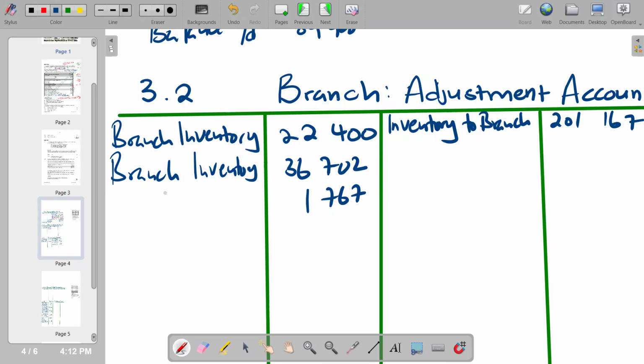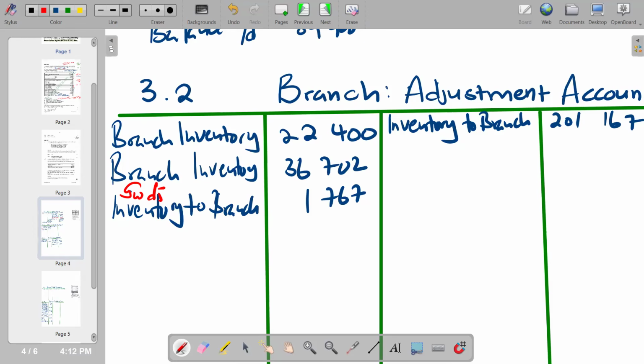Goods to branch and inventory to branch are the same account. So we are saying the inventory to branch is also called the goods to branch, same account. With that, we have entered that second double entry that we had not entered in terms of the markup value.